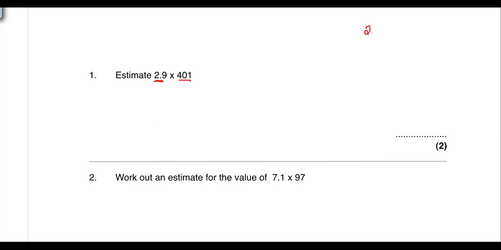Because if estimation involves multiplication, subtraction, addition, or division, you have to round each number to one significant figure.